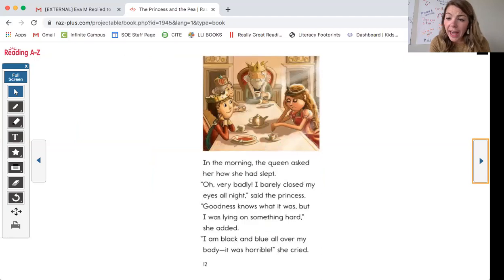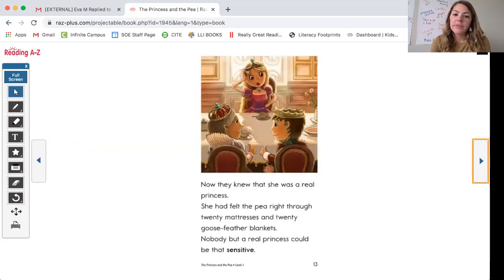"Oh, very badly. I barely closed my eyes all night," said the princess. "Goodness knows what it was, but I was lying on something hard," she added. "I am black and blue all over my body. It was horrible," she cried. Now they knew that she was a real princess.